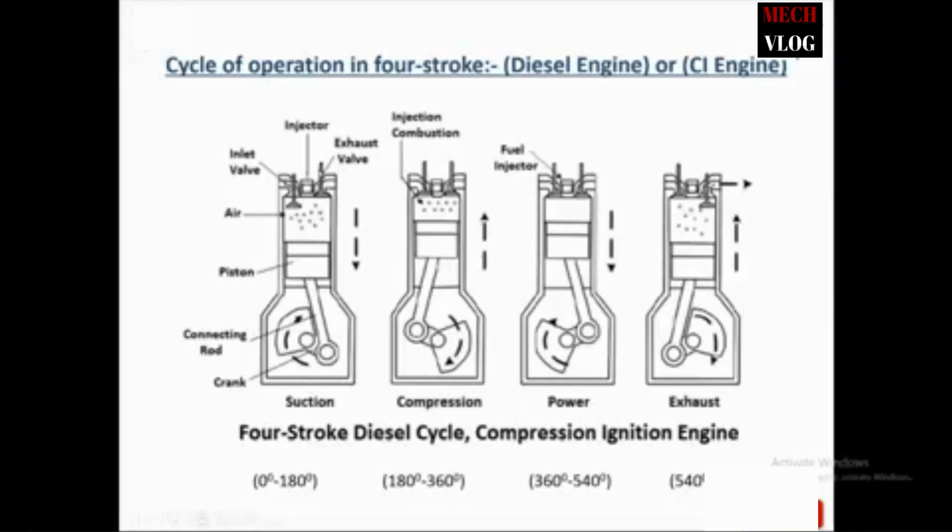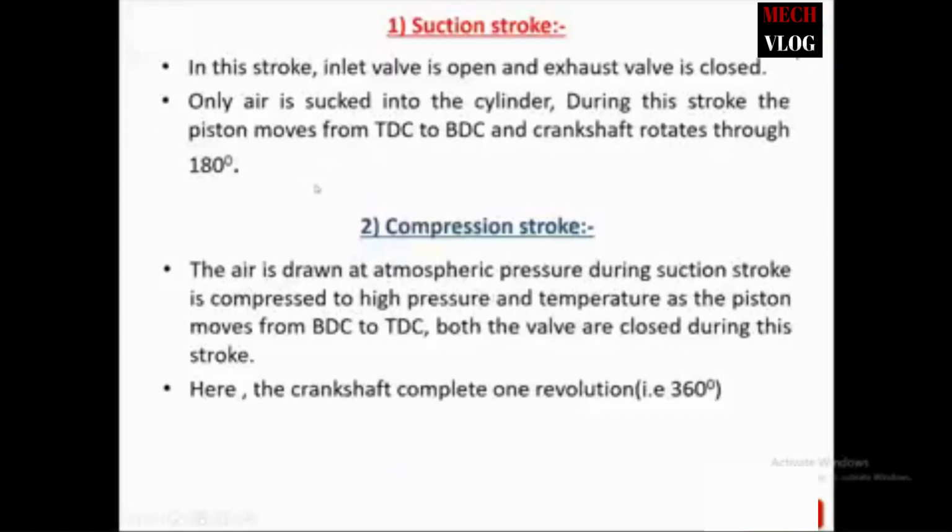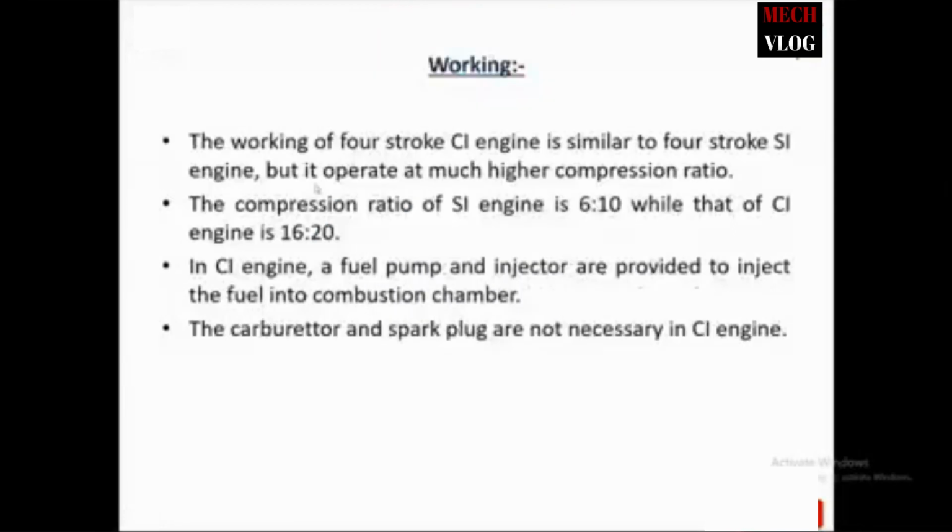Instead of a spark plug, we use fuel injectors. Through the inlet valve, only air is coming, not an air-fuel mixture. The working is similar to that of the petrol engine, with the fuel injector instead of the spark plug.